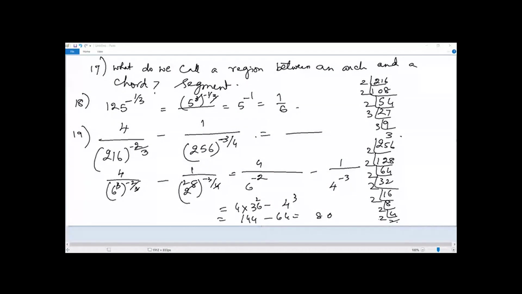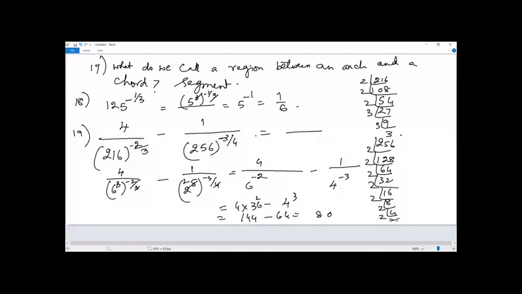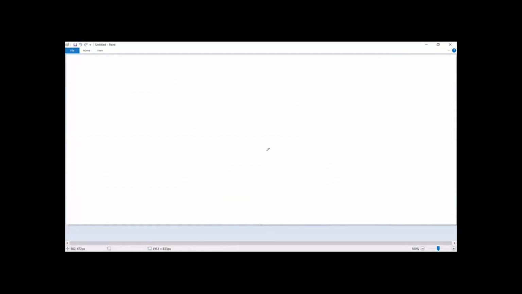Now Mahalakshmi has to answer. Simplify x to the power 12 by 7 minus x to the power 5 by 7. Question is like this. There are 4 options. X to the power 4 minus 3 by 4.